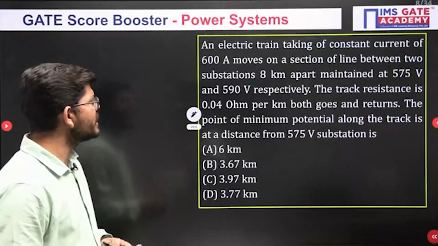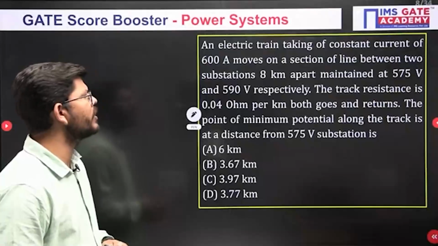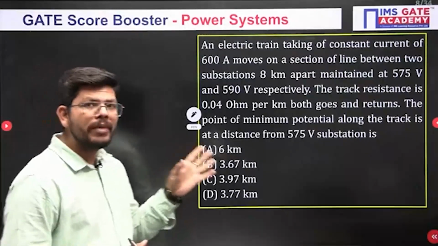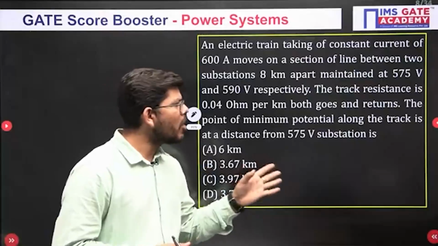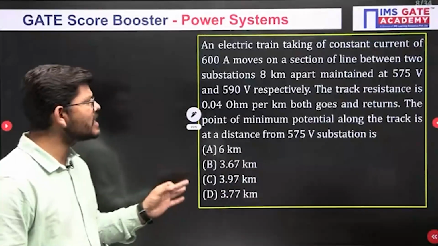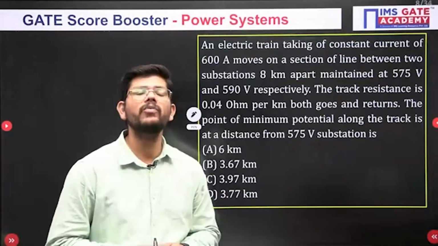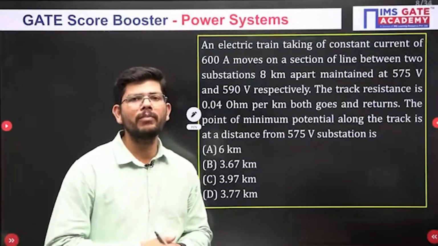The track resistance is 0.04 ohms per kilometer, both going and return. The point of minimum potential along the track, at a distance from the 575 volt substation, will be. You have to find out the point of minimum potential.